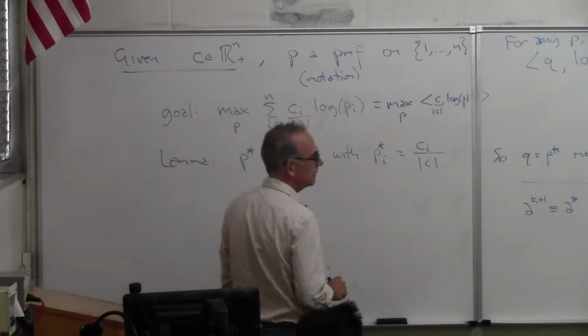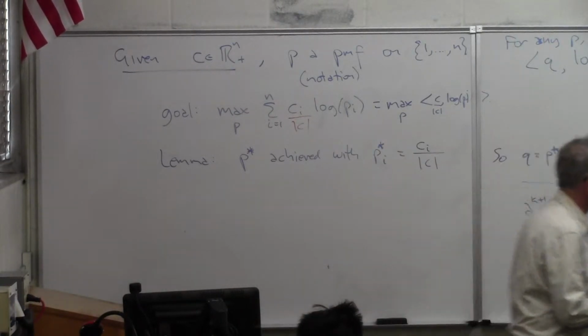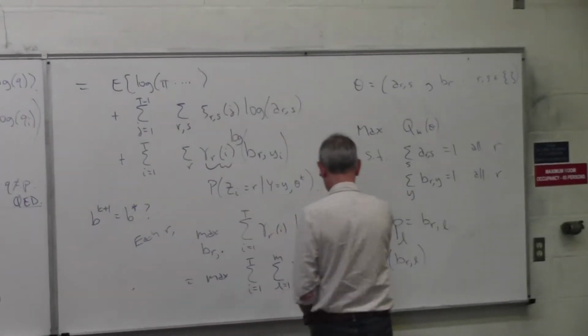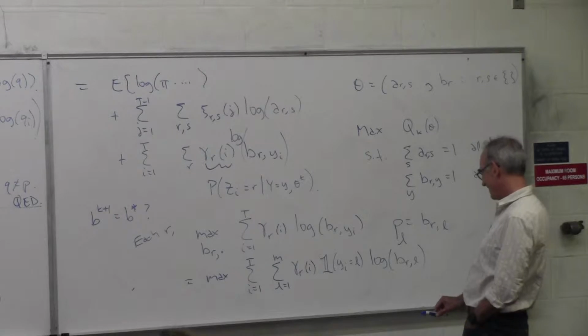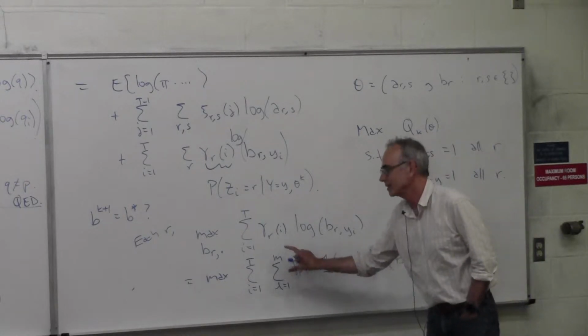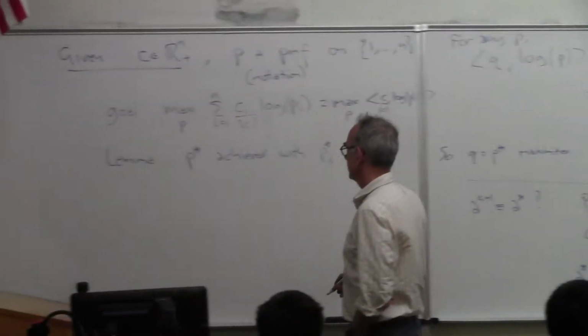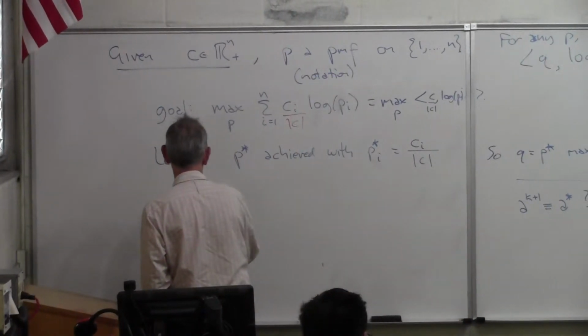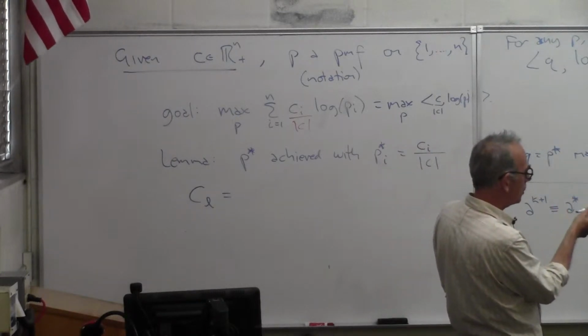So what is it? Somebody tell me. So I've got my CL. It is hidden in there, and again, I have to take that sum outside. In this lemma, it's a sum i equals 1 to t.